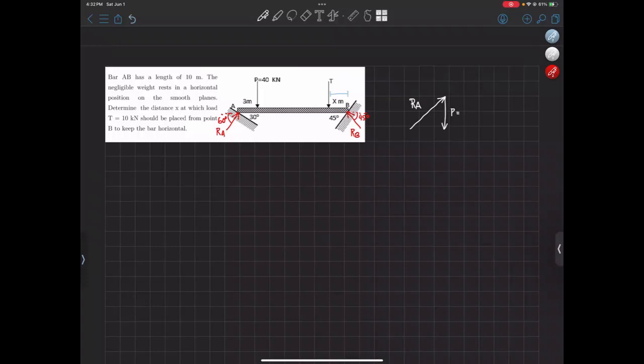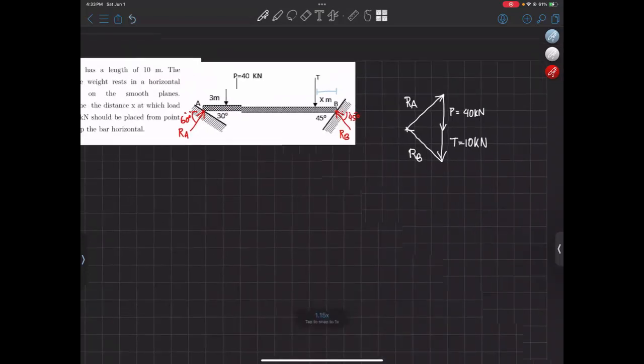Then we have T, which is also 10 kN, and then we have RB. So from there, we can determine the sides.